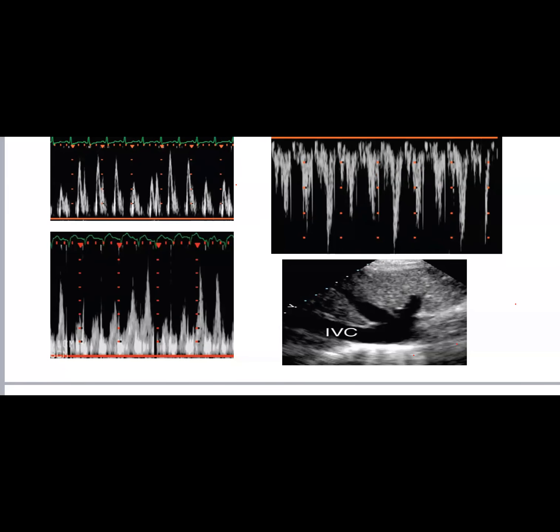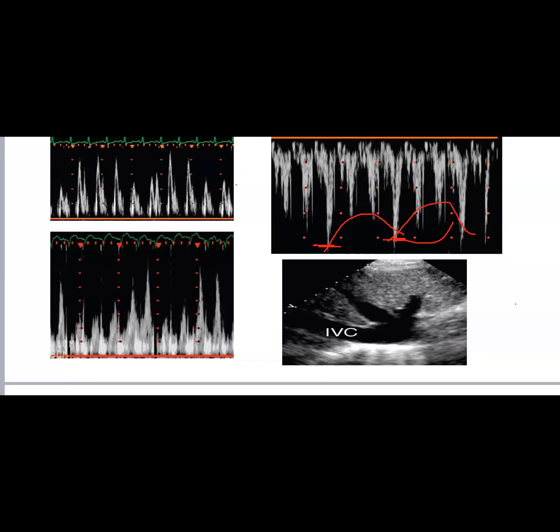Exactly. I wanted to show you something here. Look at this one, the LVOT. What am I seeing here? It goes down. It's not beat to beat.